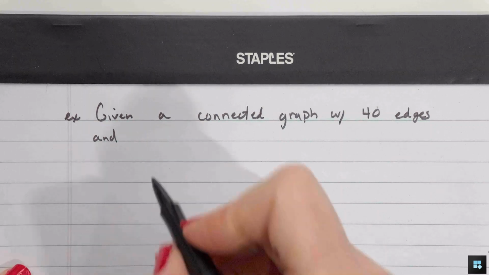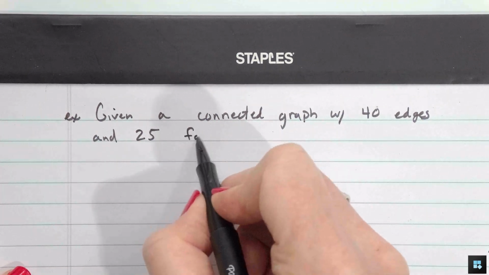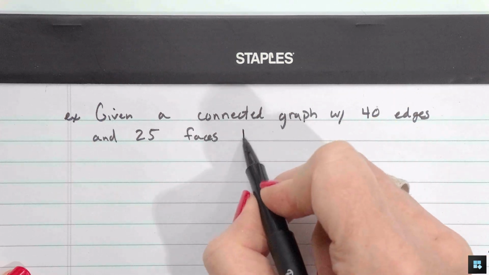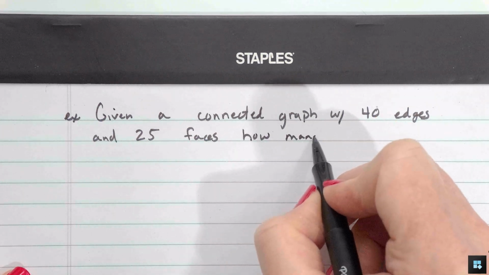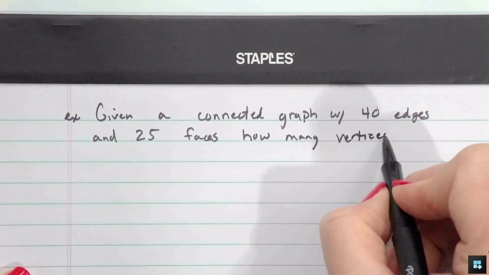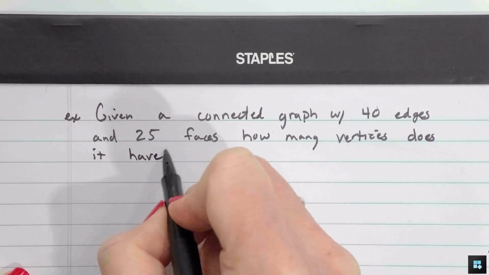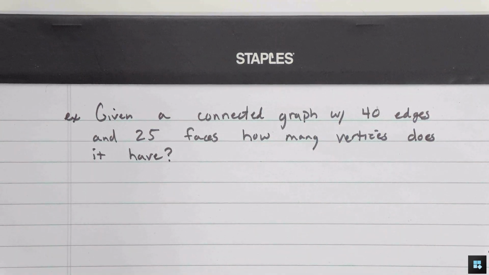Given a connected graph with 40 edges and 25 faces, how many vertices does it have?